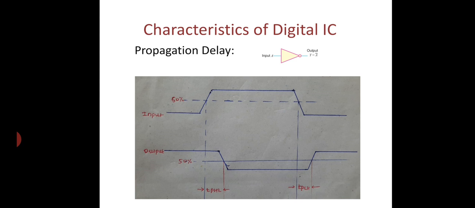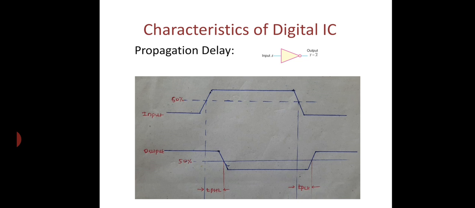That is, the output takes a certain time to go from high position to low, and this is represented as TPHL. Similarly, when the output goes from low to high position, it is given as TPLH.